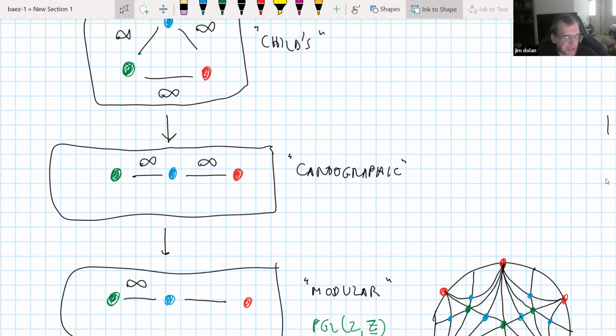So when I was just beginning to try to learn from the Schnepp's book on child's drawings, they started talking about child's drawings. They called them clean child's drawings and pre-clean child's drawings.